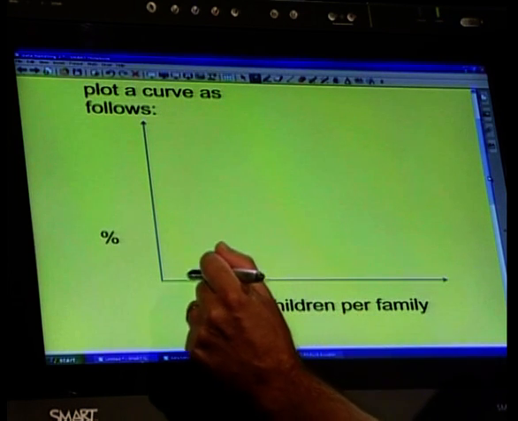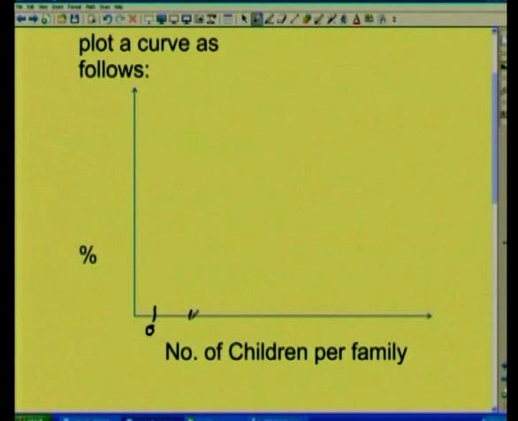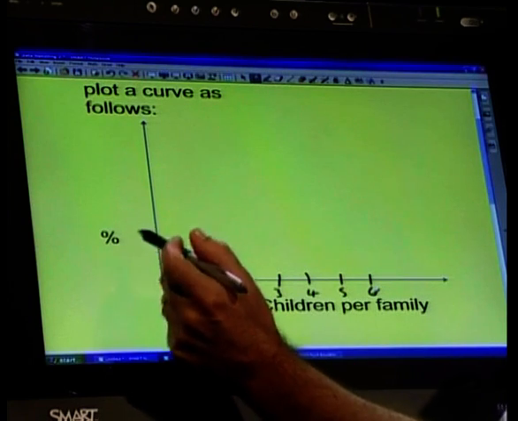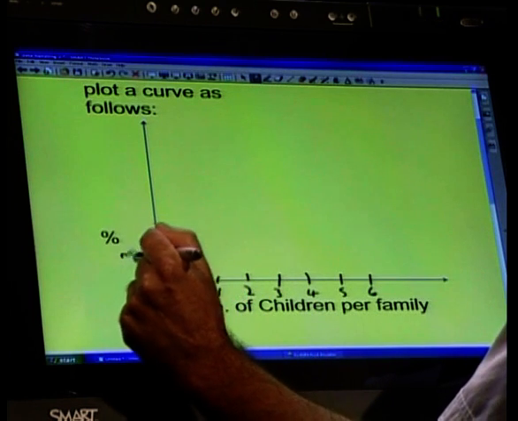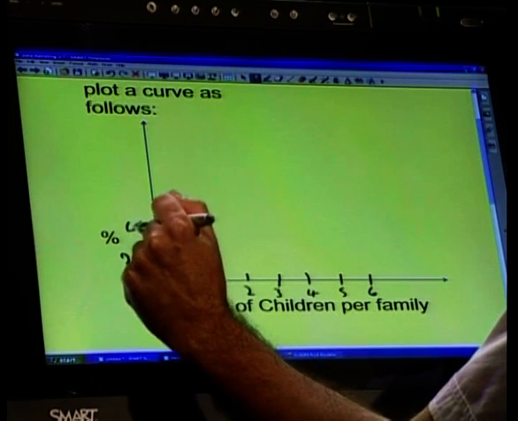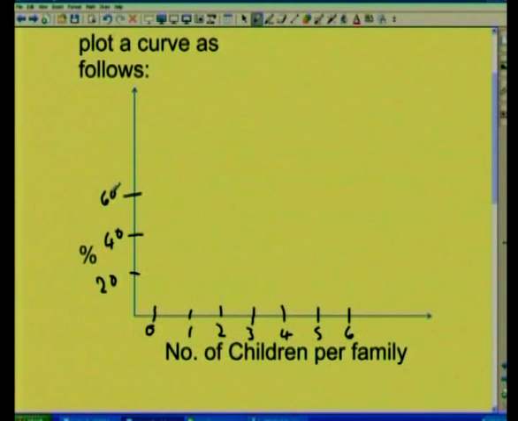And we had 0, 1, 2, 3, 4, 5, and 6. This was the range of the children in each of the families that we had. On the left-hand side, you can see that my y-axis is going to go up in percentages. So I'm going to mark off just 20%, 40, 60, 80, and 100.